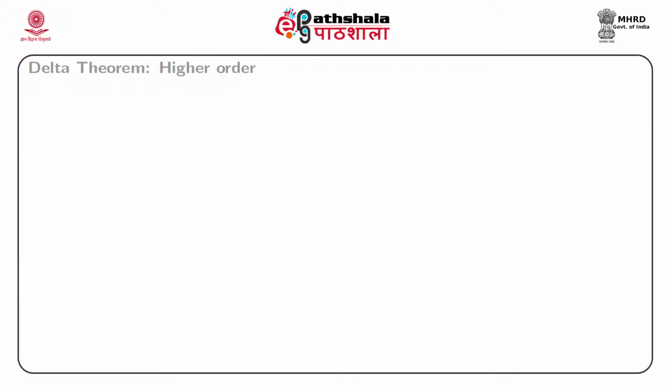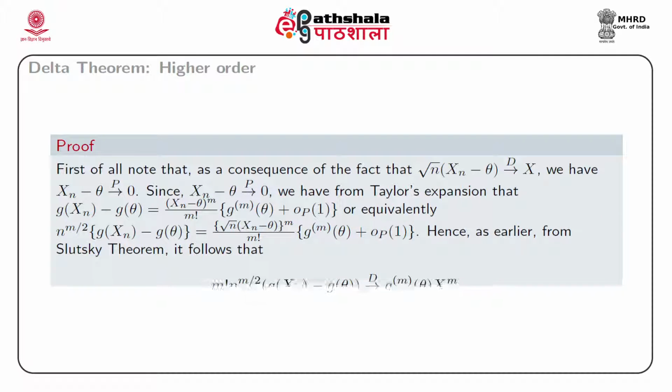So, as a proof, we first note that as a consequence of convergence in distribution for the sequence of random variables Xn, we have that Xn − θ converges in probability to 0, and since Xn converges in probability to θ, we have from Taylor's expansion that g(Xn) − g(θ) = (Xn − θ)^m / m! multiplied by g^(m)(θ), that is the mth order derivative of g at θ, plus o_p(1). Equivalently, n^(m/2)(g(Xn) − g(θ)) = (√n(Xn − θ))^m / m! multiplied by the mth order derivative of g at θ plus o_p(1).